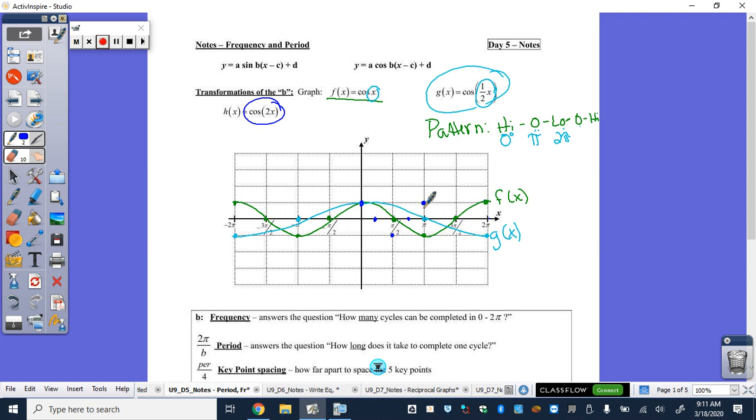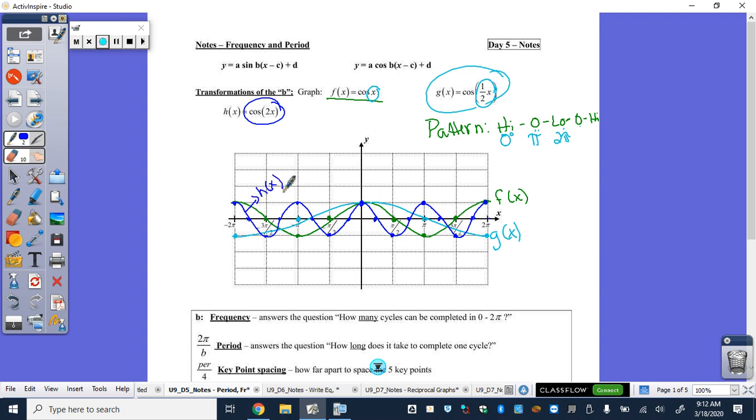So it's still going to follow the high, 0, low, 0, high, 0, low, 0, high. So now we get 2 cosine curves in there by the time I normally would have done only 1. And then it would repeat over here in the negatives. And that is our h of x.